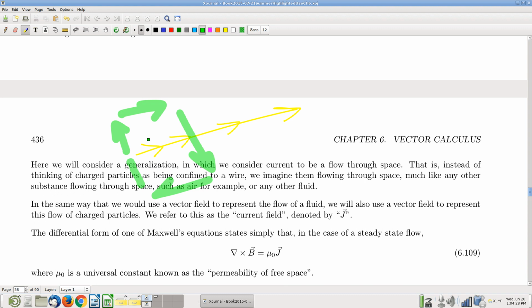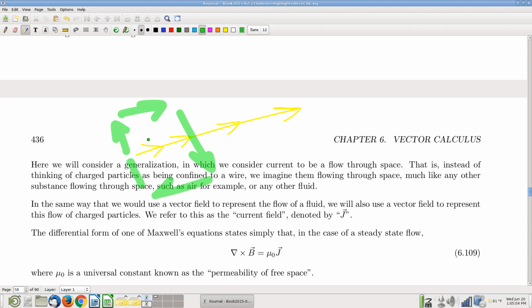So if your thumb's in the direction of the current, then your fingers curl around in the direction that shows you which way the magnetic field lines go. Okay. So that's just how current and magnetic fields work. I'm going to take that as a fact. This is empirical. So what's the relationship between the current in the wire and the magnetic field that it creates? And how can I write this down a little bit more precisely?